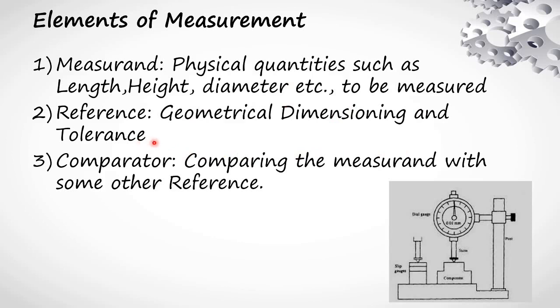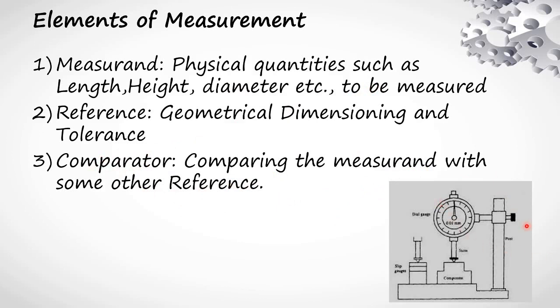And reference, as you know, GD&T, that is geometrical dimensioning and tolerancing, is also a physical quantity such as length, height, and the reference is to be considered to determine all the physical quantities. And the third important one is the comparator, where we compare the measurand with some other reference.